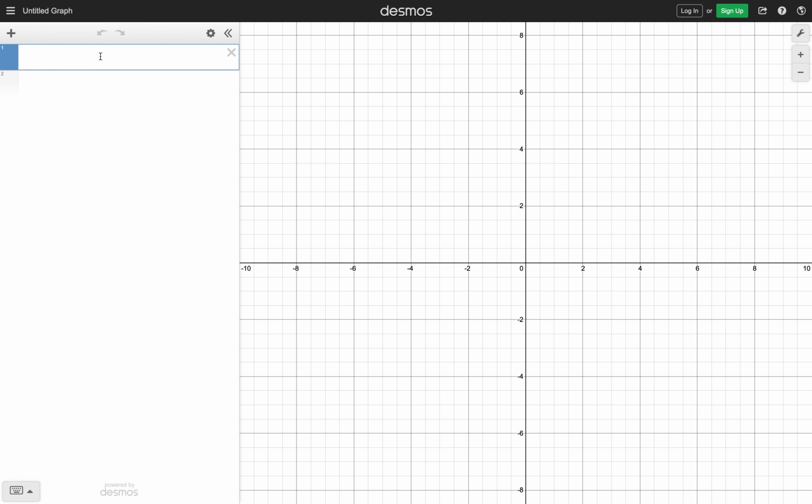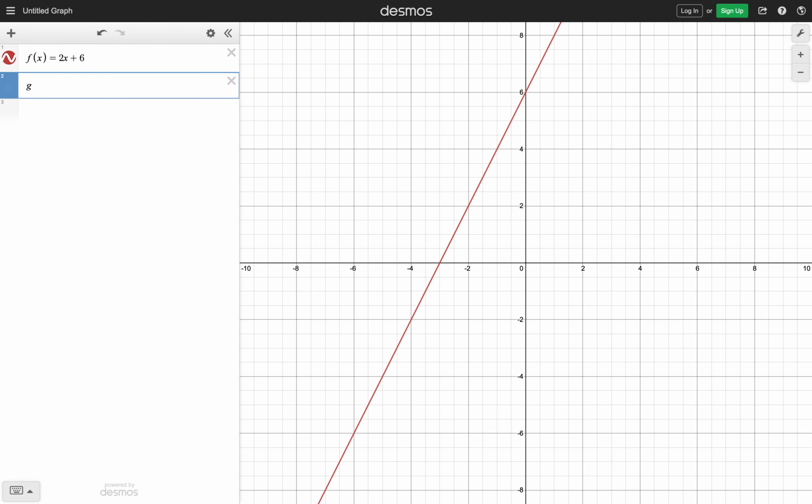Okay, so in this case, for the function f of x is equal to 2x plus 6, and we just call it the inverse.